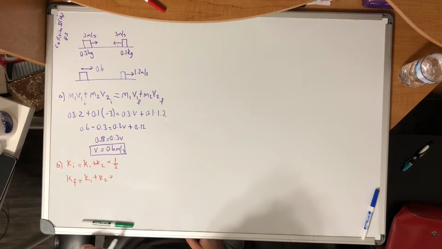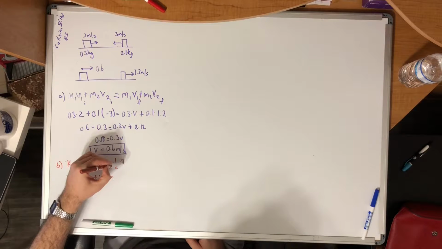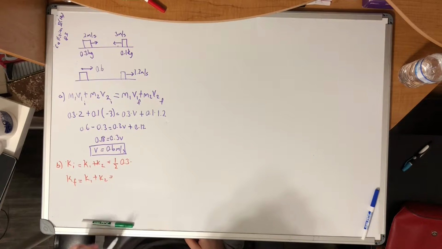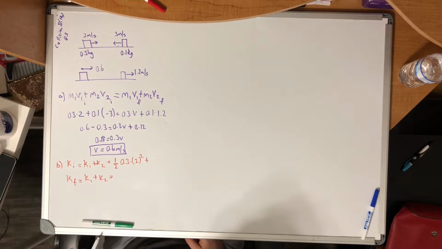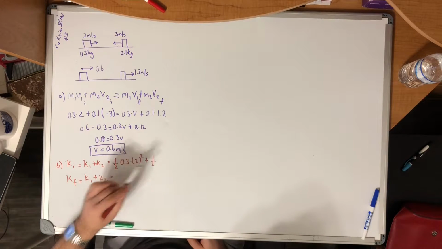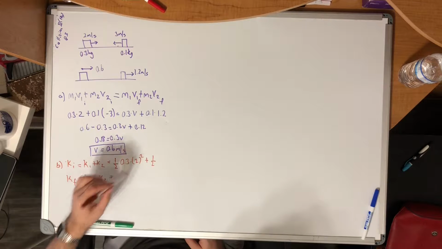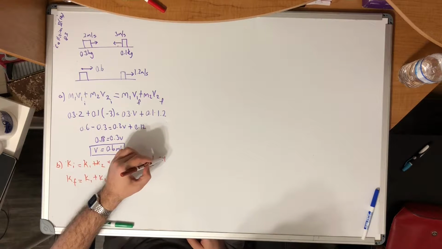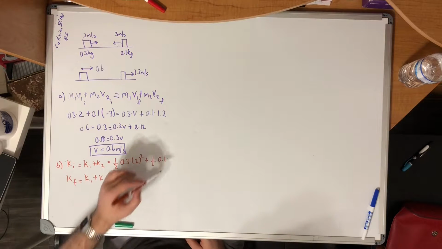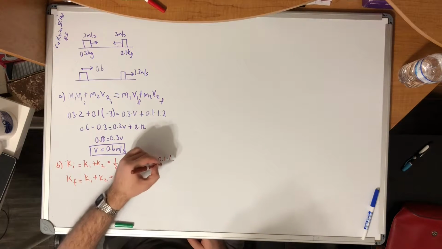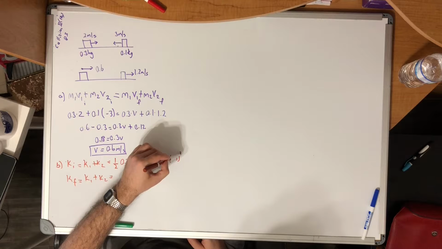So 1/2 m, which is 0.3, times velocity squared, so 2 squared, plus 1/2 m for the second object, 0.1, times velocity, which you can say is -3, but you have to be careful.